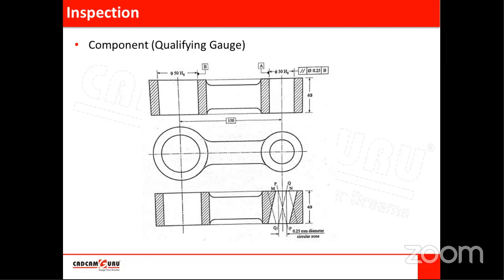I will tell you one example. I think you might have known this. There is one industry in Mumbai where all the quality inspectors are blind. You might be surprised, but blind persons are checking the quality of components.